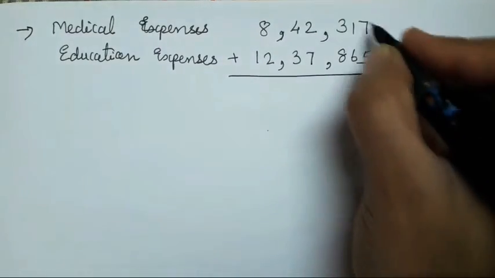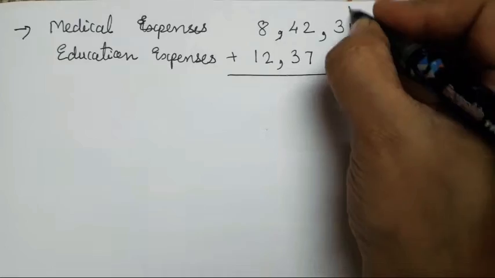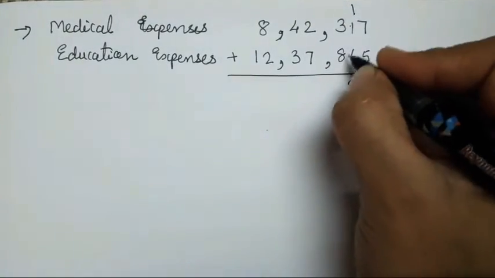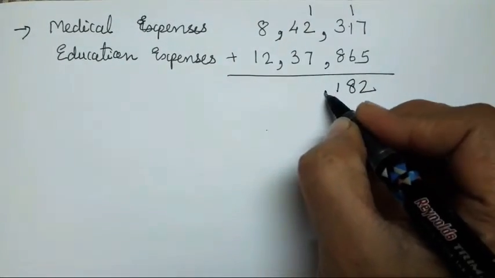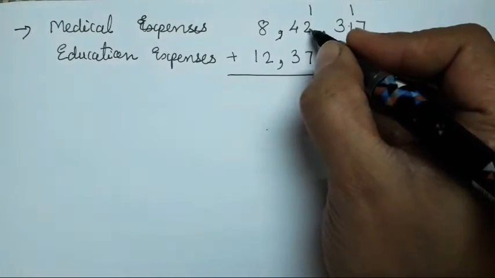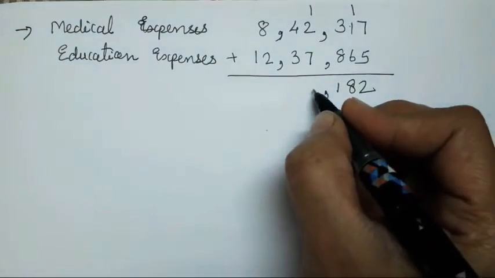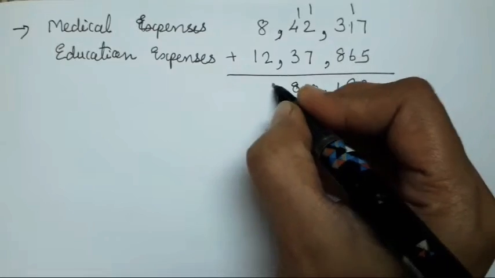So add: after 7, 8, 9, 10, 11, 12; 7, 8, after 8, 9, 10, 11. In the same way you all have to say, children, as I am saying: 7 plus 2, 9, 9 plus 1, 10; 5, 6, 7, 8, 8 plus 2, 10.